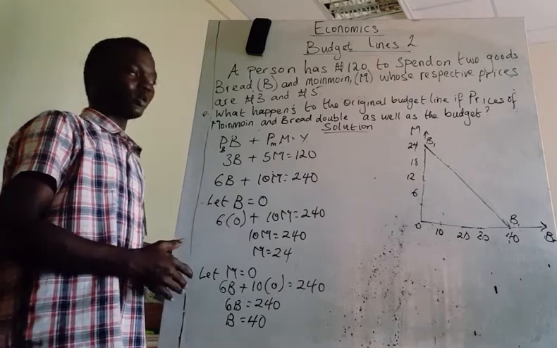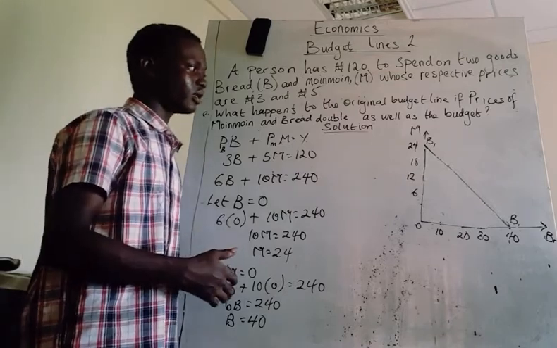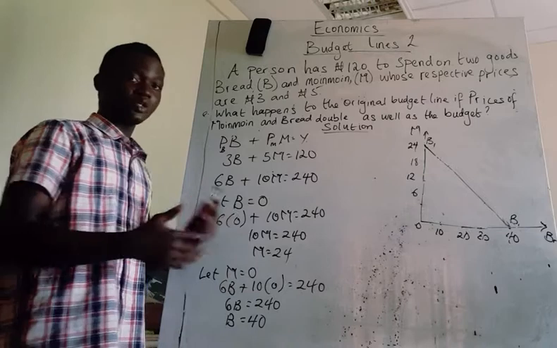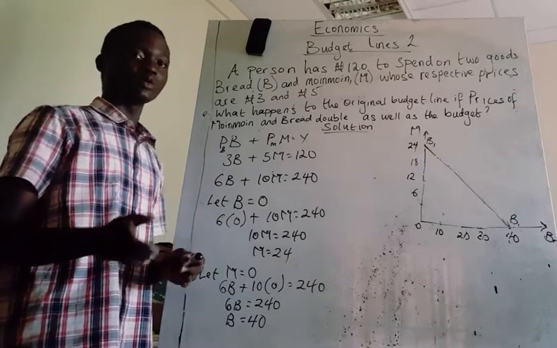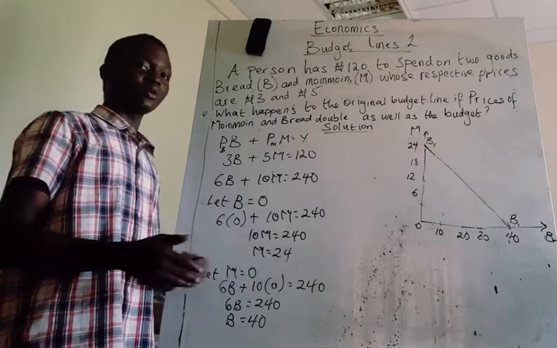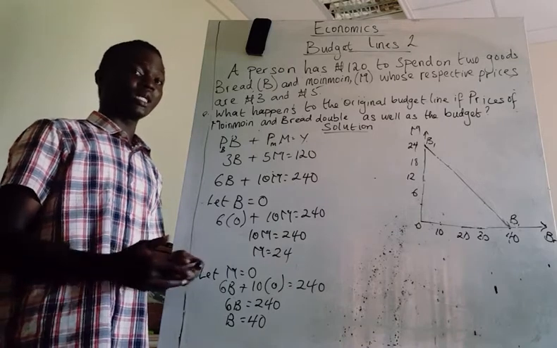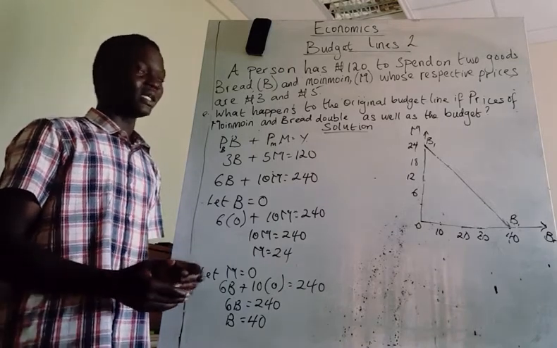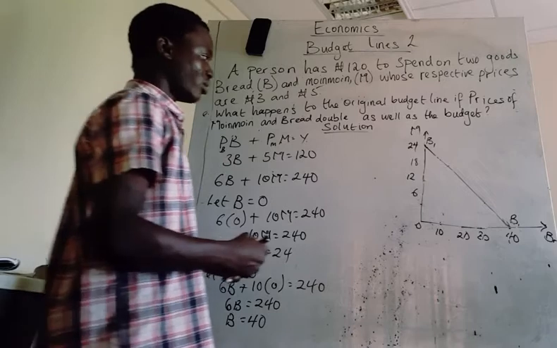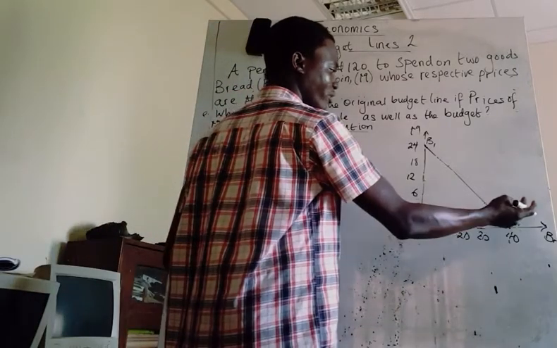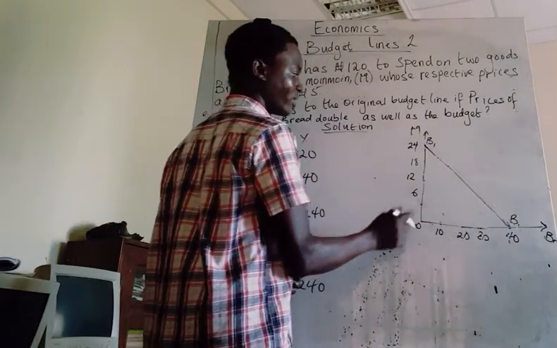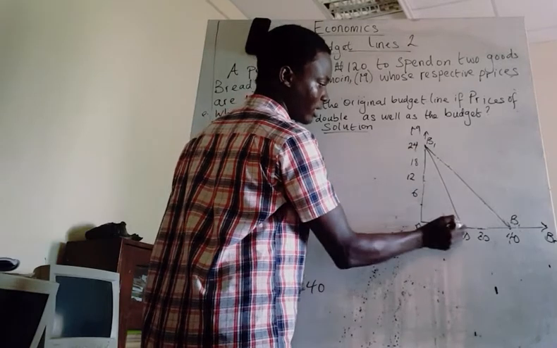I want us to notice something: when there is a change in price of one good and the price of the other good does not change, we have a change in slope of the budget line, which is what we've been observing. When the price of bread rose, we discovered that we had this, and something like this.